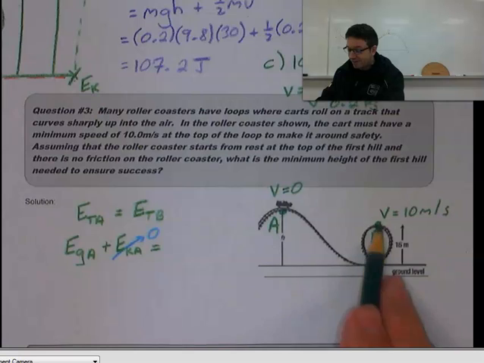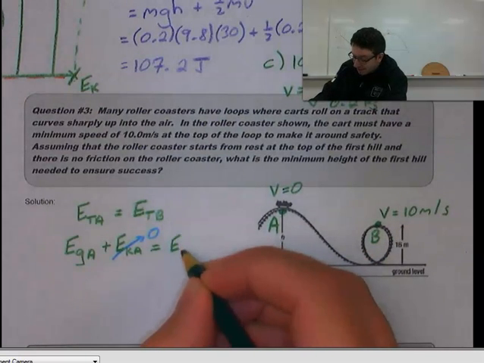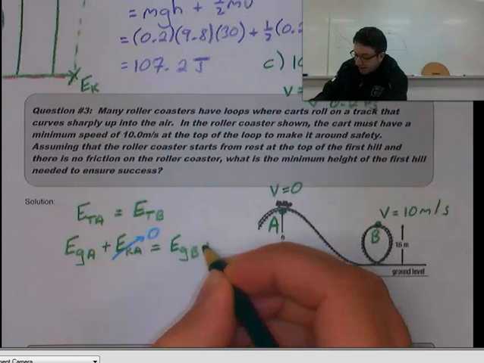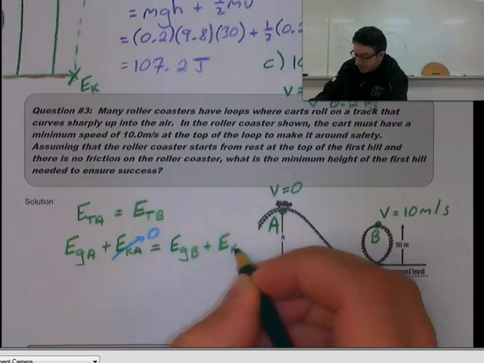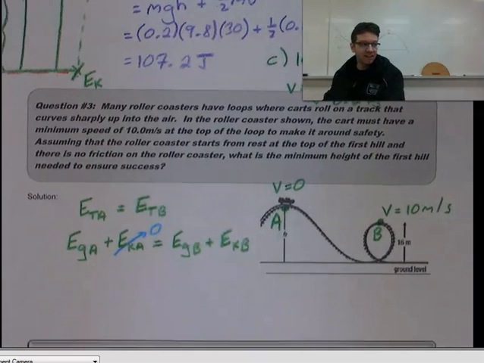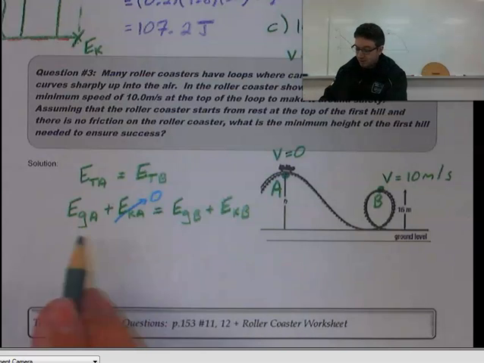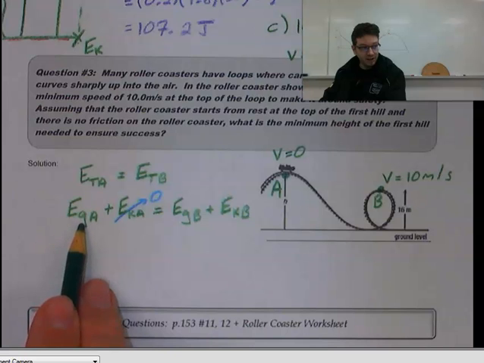Now at B we have a certain height and we have a certain speed. So we have gravitational at B and we have kinetic at B. So this is the equation that we need to use to actually calculate. Now we're going to put in our formulas for gravitational.